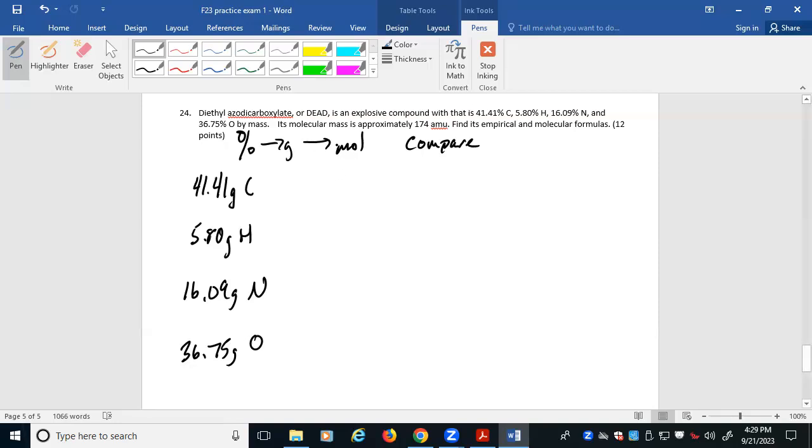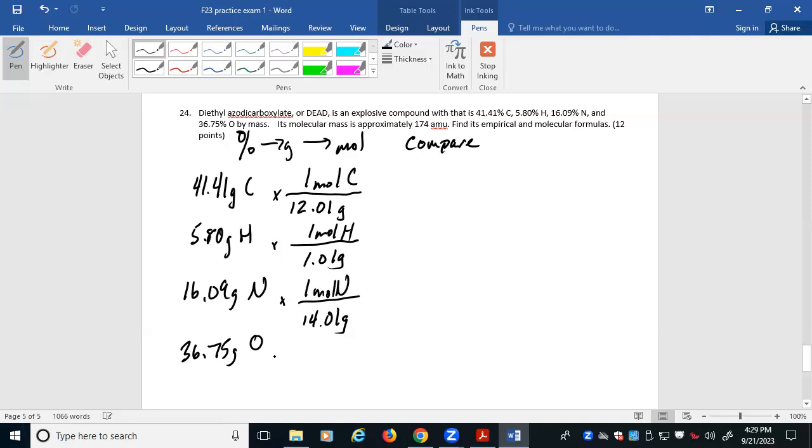The second step is to turn the grams into moles. For that, I'm going to need the molar mass of each one of these. So 12.01 for carbon, 1.01 for hydrogen, 14.01 for nitrogen, 16.00 for oxygen.